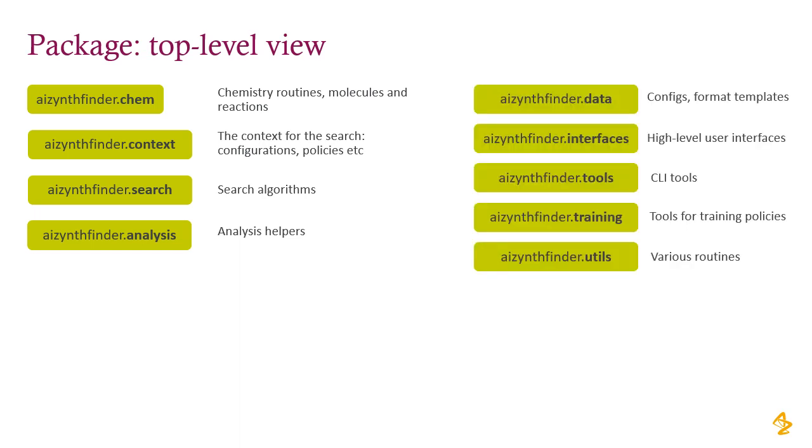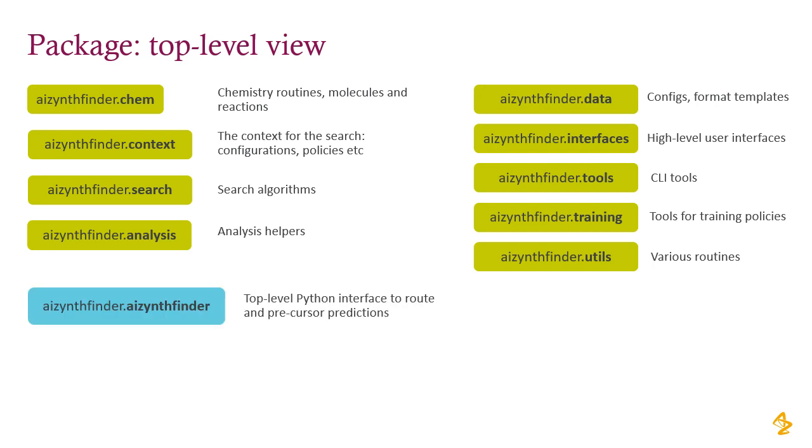Then we have 5 other packages that are of less interest for this talk. I will not touch upon them more than this. And then at the top level, we also have an AiZynthFinder module, which contains a Python interface to route and precursor prediction.